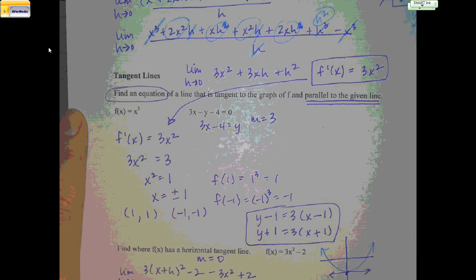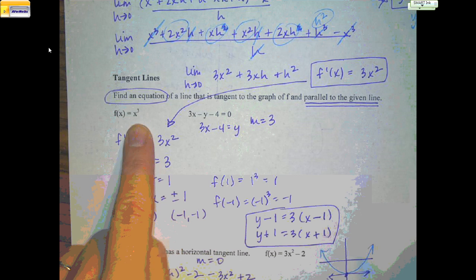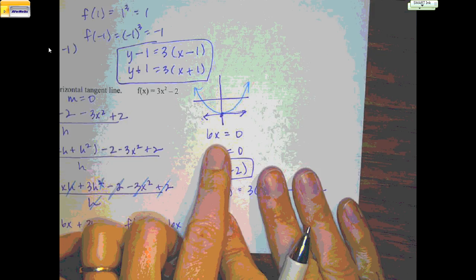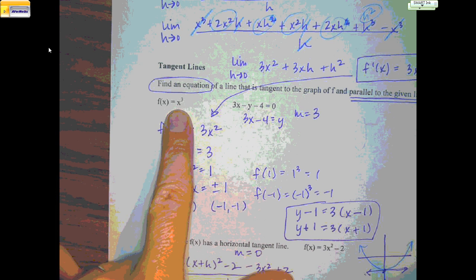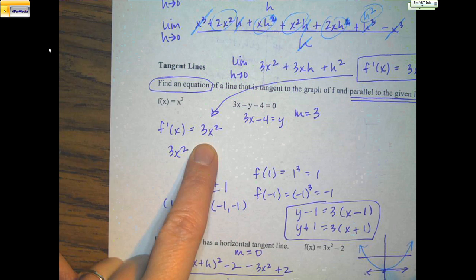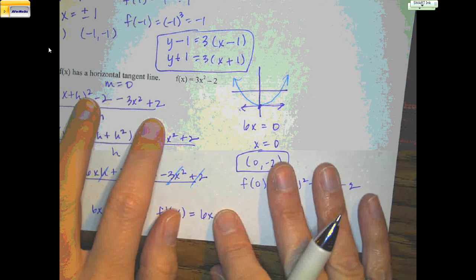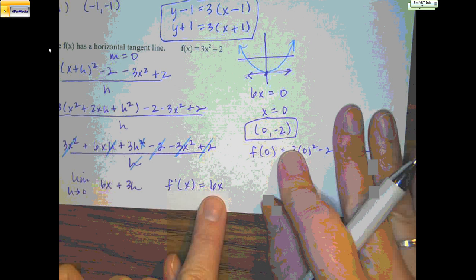Let me ask you a question. Back over here, when we had x cubed, the derivative wound up being something that was squared. So we went from something cubic to something quadratic. For this little guy here, we had a quadratic, and the derivative came out a line, a degree of 1.